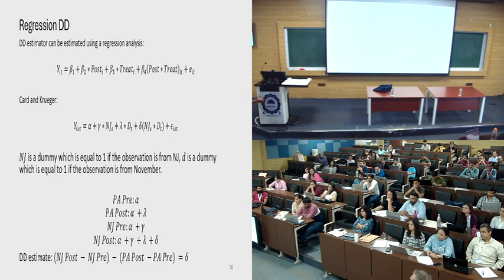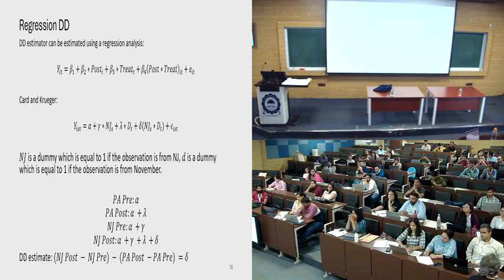That gives me lambda. I now take NJ post minus NJ pre. That gives me lambda plus delta. If I now take this difference minus this difference, that gives me delta. Should be crystal clear. Right?